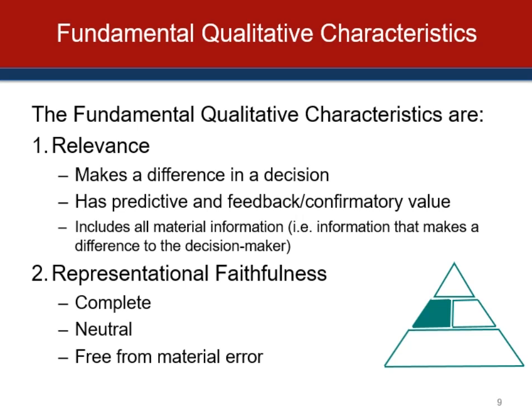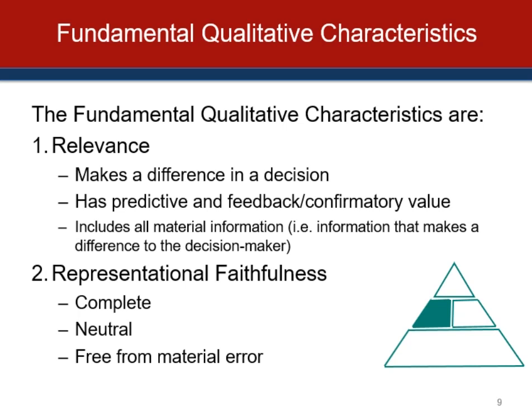Information that's free from material error or bias means that the information must be reliable. It doesn't mean total freedom from all error, but it means that the information presented is as accurate as possible, given any estimates. Estimates are common in producing financial reporting, so we want to make sure that the estimates are based on the best information available at the time that the numbers were developed.